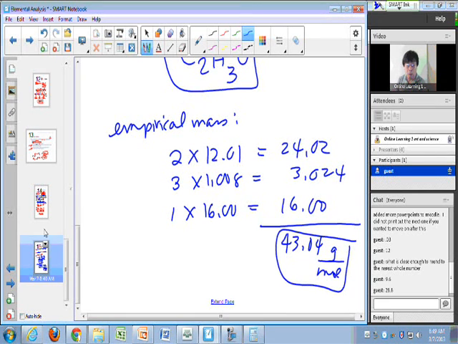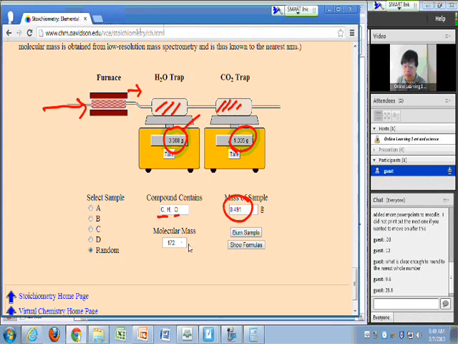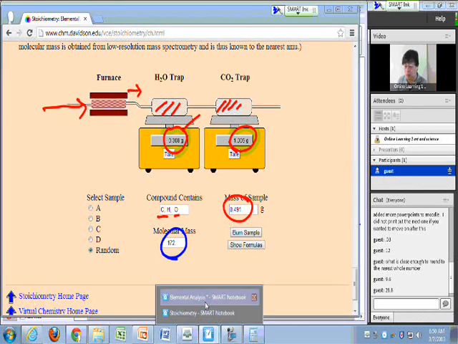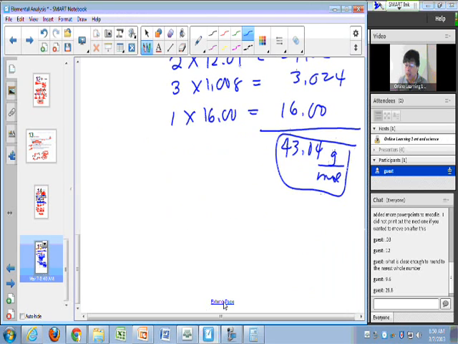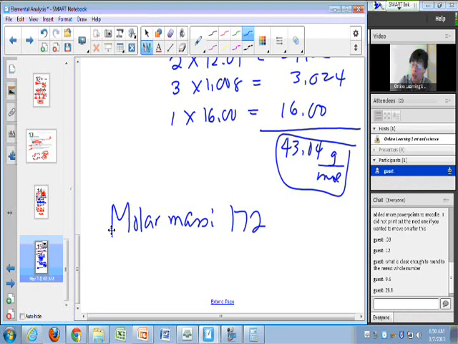Now if you go back to that problem, it actually tells you that the molar mass is 172 grams per mole. With that additional information, we can determine the actual molecular formula.